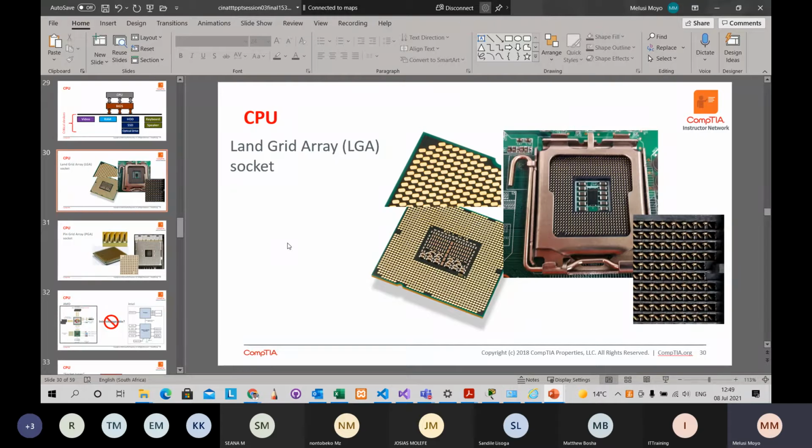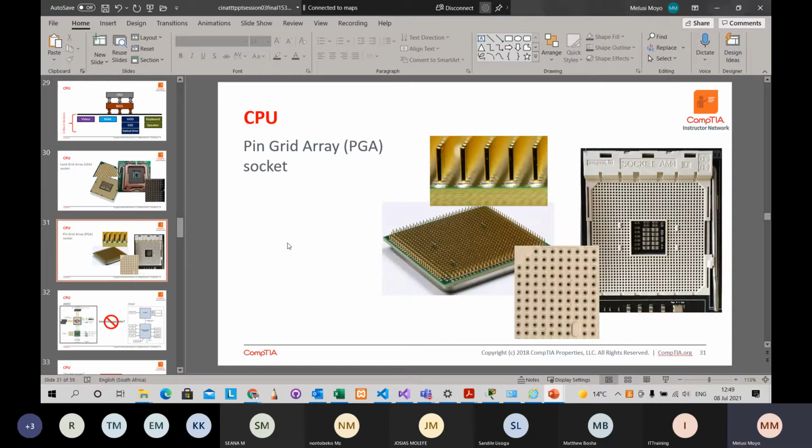The other point is that the land grid array is most of the time used by a company called Intel. We looked at the two companies that manufacture these CPUs. And point number two is that the pin grid array is mostly preferred by AMD. Most of their sockets are pin grid array.